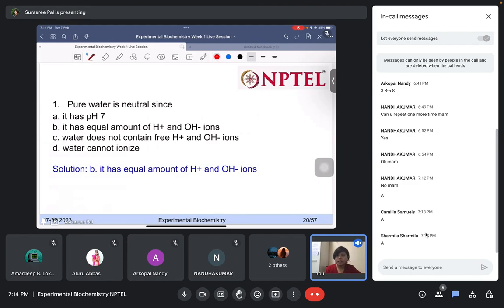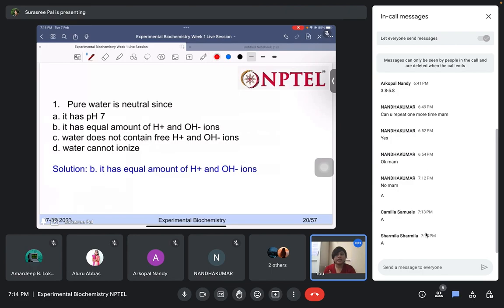Now, why is the solution not A? Because this question asks why pure water is neutral. Since it has pH 7, it has equal amounts of H plus and OH minus ions. Water does not contain free H plus and OH minus ions, and water cannot ionize. Here, the important thing is that pure water is neutral, which is why it shows pH 7.